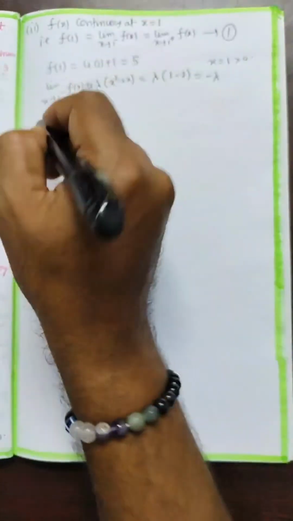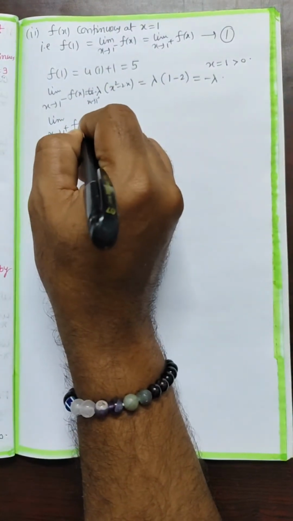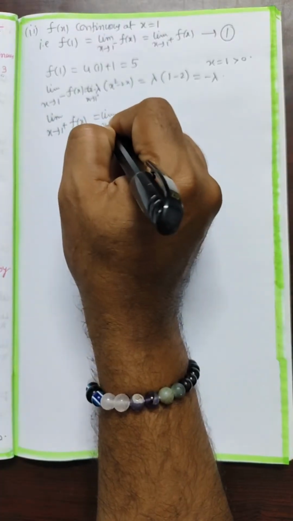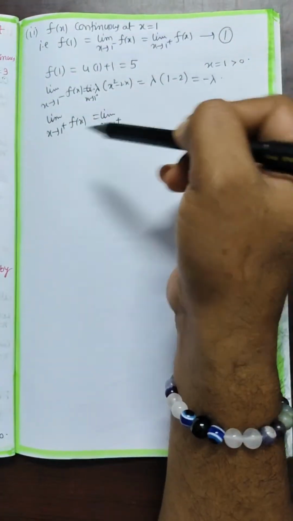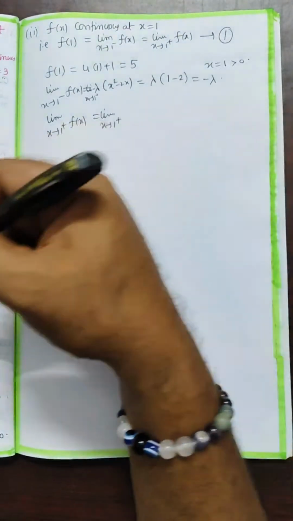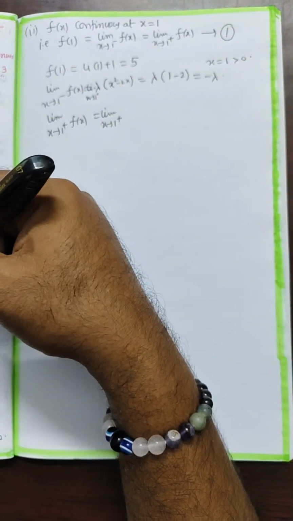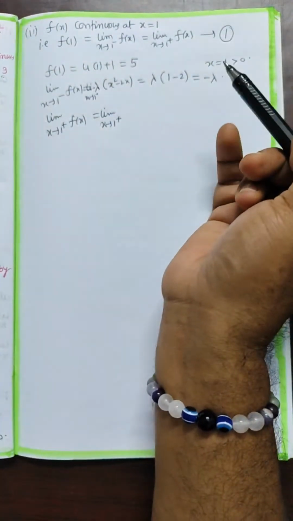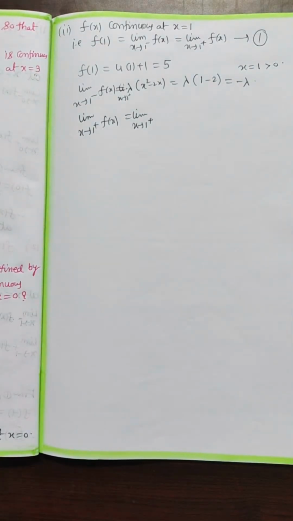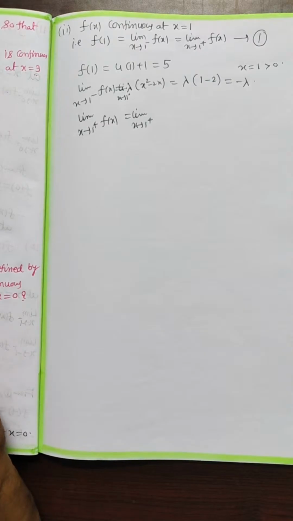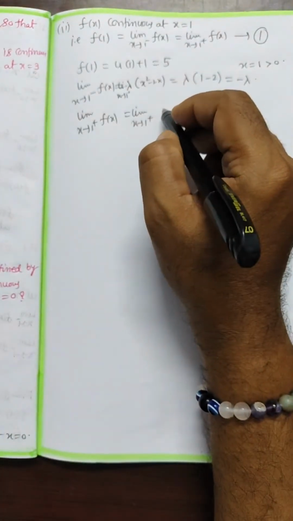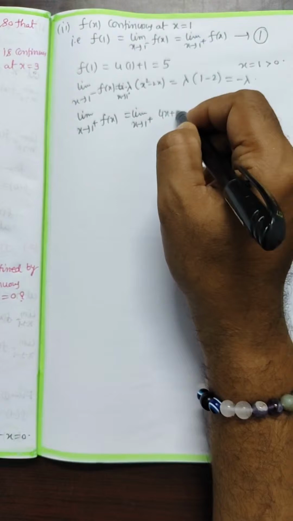Next, limit x tends to 1 plus f of x. X tends to 1 plus means x is greater than 1, and greater than 0 means any value like 1, 2, 3 comes. So x greater than 1 means you can take this function, 4x plus 1.